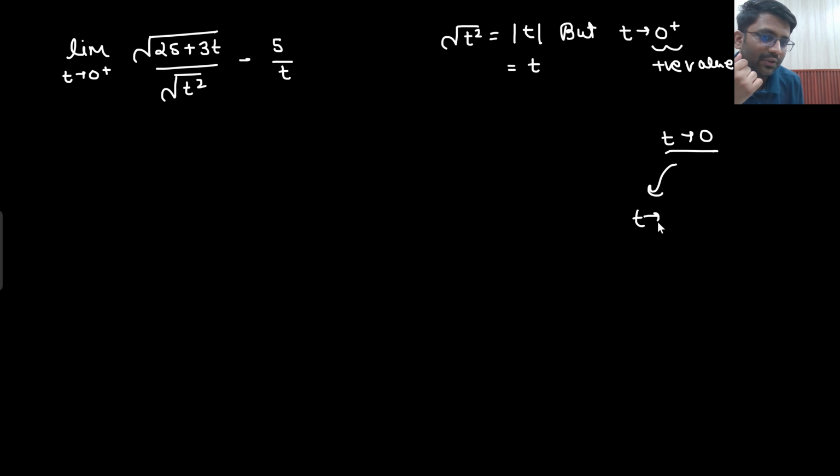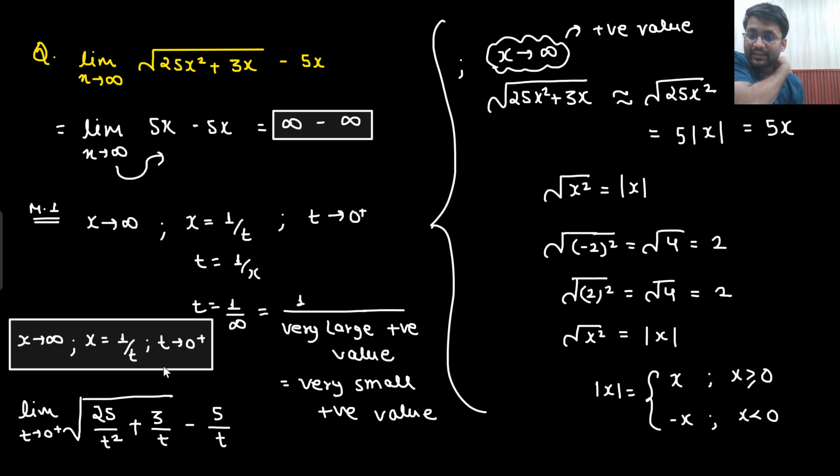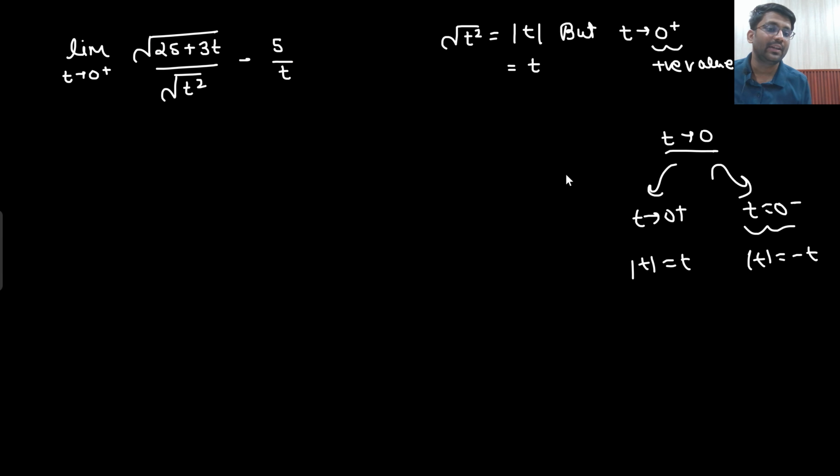The meaning of t tending to 0 is that it could be tending to 0 plus as well as 0 minus. Then someone can argue, sir, if it was tending to 0 minus, then mod of t would be opened as minus t. But here it would be opened as plus t. So the point is, if x is tending to infinity, actually t is tending to 0 plus, not t tending to 0. Because if it was tending to 0, there would be ambiguity. But actually it is tending to 0 plus only.